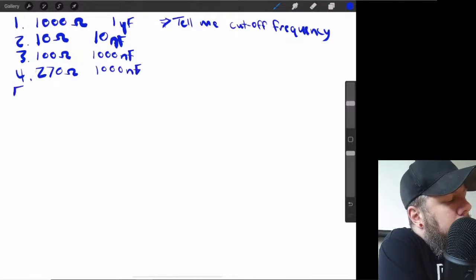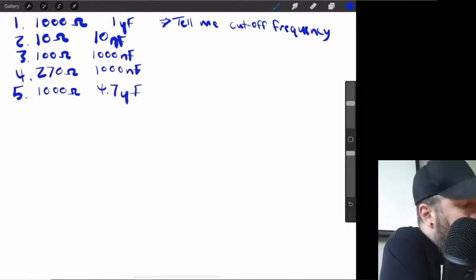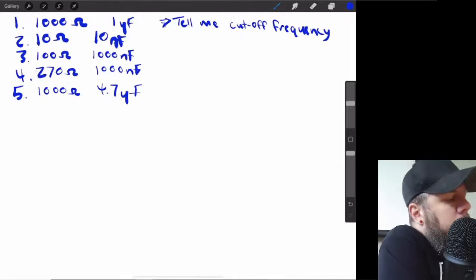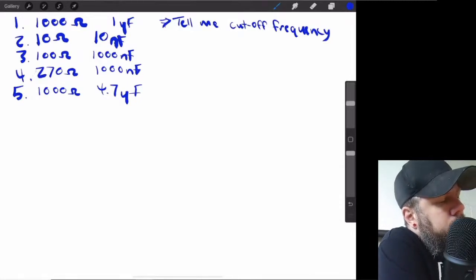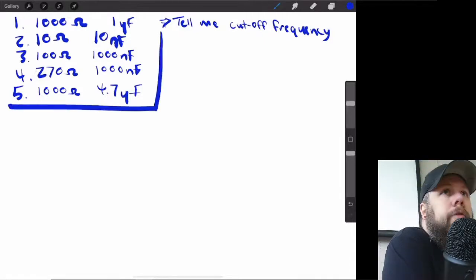Number 5, 1,000 ohms and 4.7 microfarads. All right, so that's the first 5. Tell me the cutoff frequency.